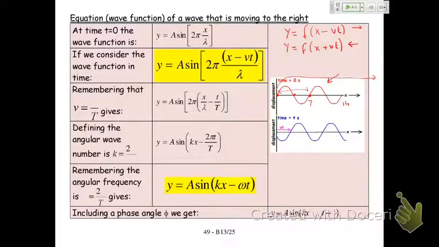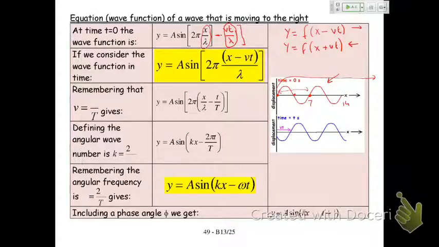So I'm going to include something to do with position, and I'm going to have minus Vt over lambda. Again, the distance that this Vt represents is ratio to the wavelength. The x position is ratio to the wavelength, so I know how many wavelengths this represents. The distance caused by time is ratio to the wavelength, so I know how many wavelengths that represents.